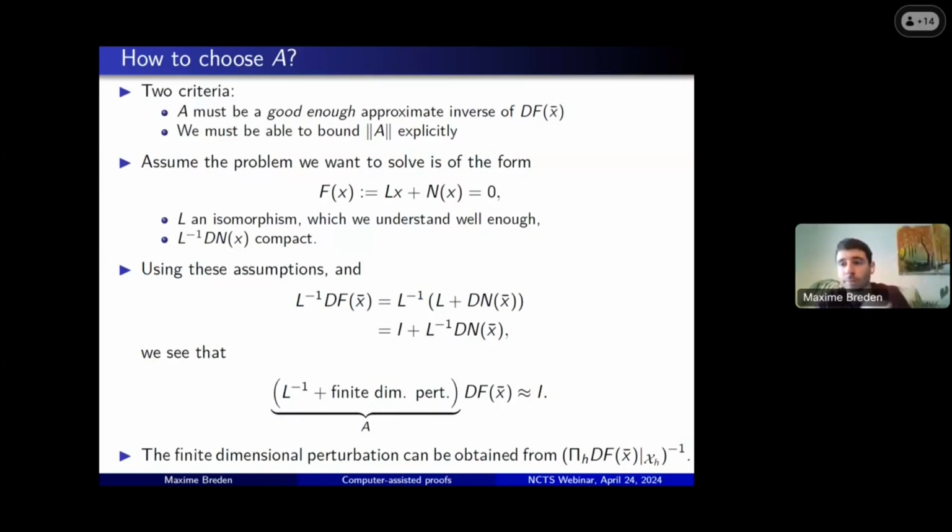So Maxime, can I ask a question here? Yes. I just recall there's a so-called Enflo theorem saying that some compact operator cannot be a limit of finite rank operators, right? Some compact operators are not limits of finite rank approximations.